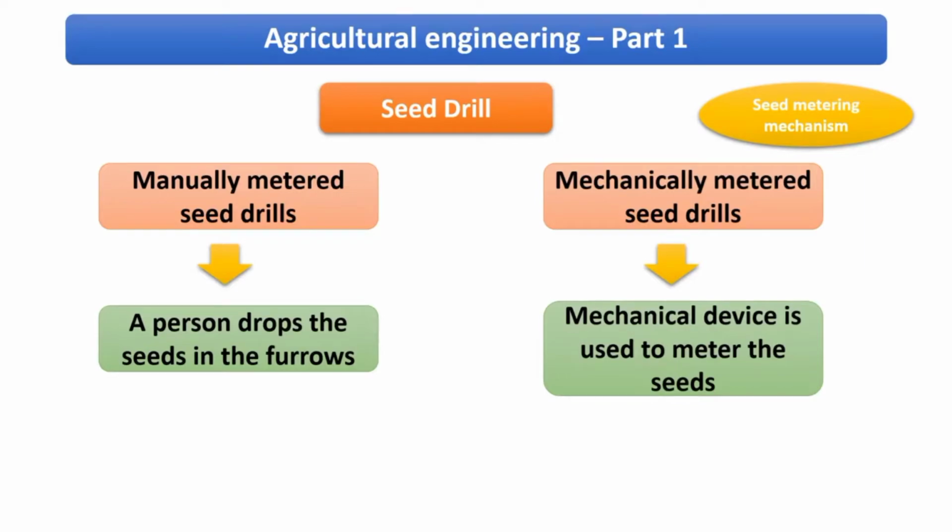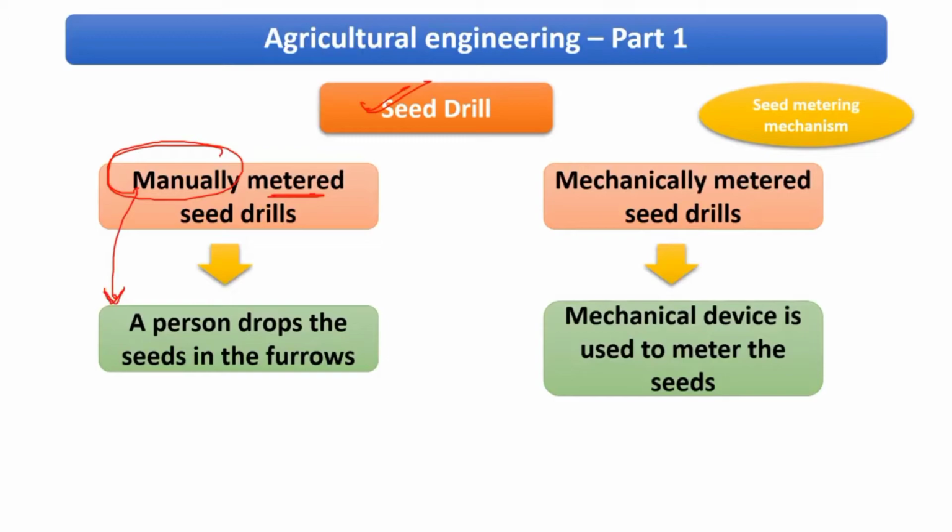Now talking further about the seed drill. When you are actually placing the seeds, it can be done manually. This is called manually metered seed drills, wherein the part of actually dropping the seed in the furrows is performed manually.